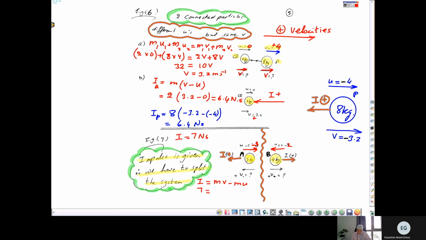I assume he didn't mention the reverse direction or anything. He didn't mention after impact what about the direction? But I have to guess.